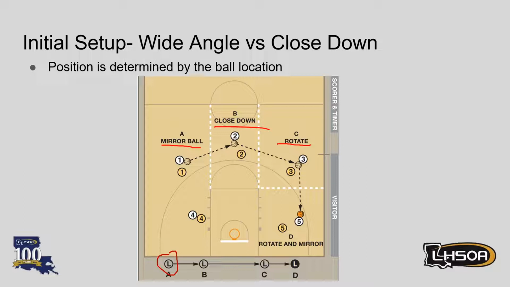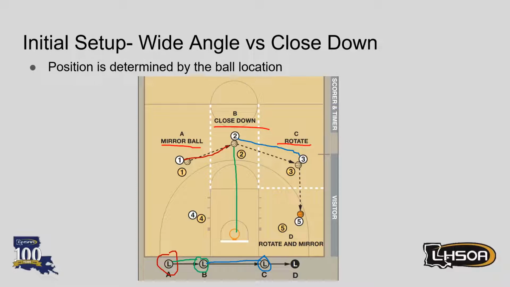As the ball goes from quarter A to quarter B, from player 1 to player 2, the lead should move from position A to position B, which will be closed down. Lead will stay in closed down as long as the ball is in quarter B. Once the ball goes from quarter B to quarter C, from player number 2 to player number 3, that's going to trigger the lead to rotate from position B to position C, which is closed down to closed down.